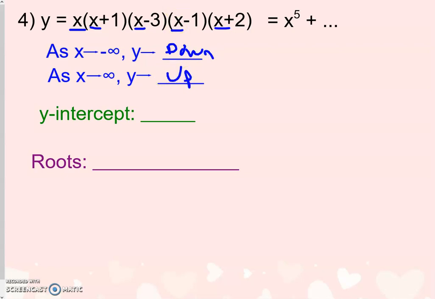And then when you went to expand it out for the y, you saw that 2 times negative 2, positive 6 times positive 6. Ooh. Do you notice that there's no constant at the end? So the y-intercept here is 0. And then I'll let you find all 5 roots.